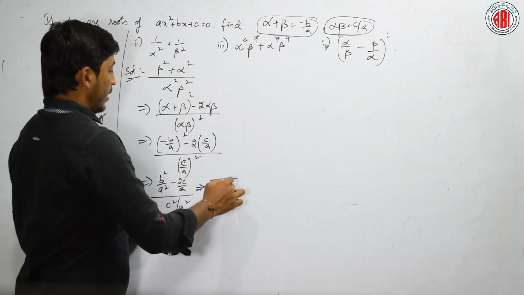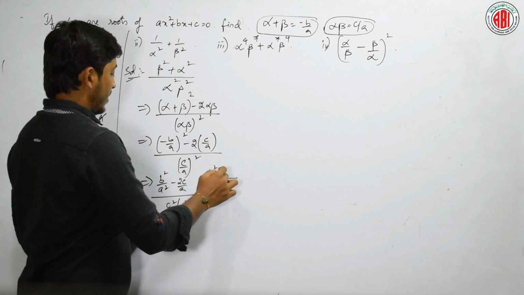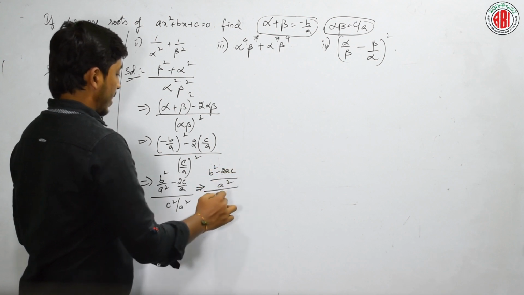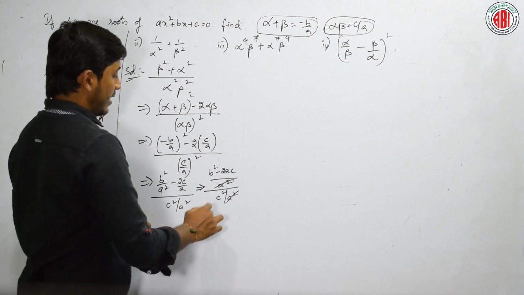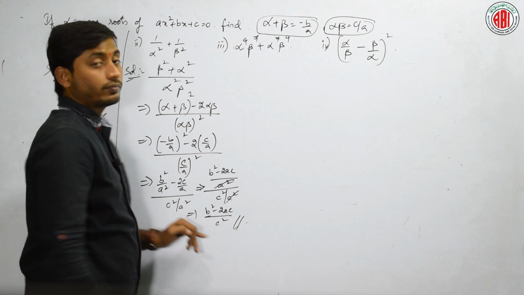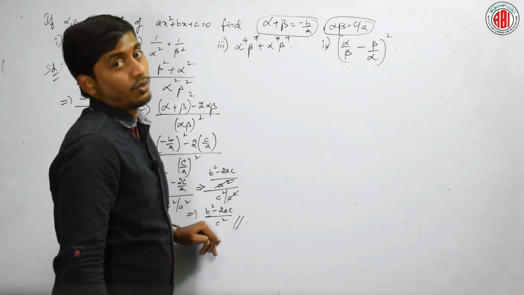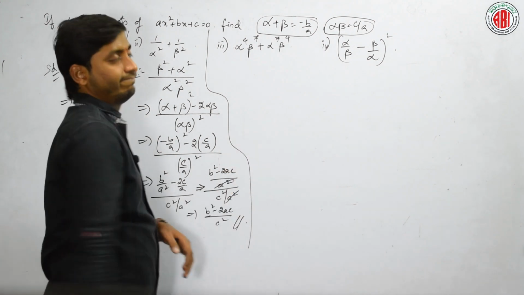The numerator's LCM is a square, and we will get b square minus 2ac, by c square by a square. These both will get cancelled. I will get the answer as b square minus 2ac by c square. Is it okay till now?